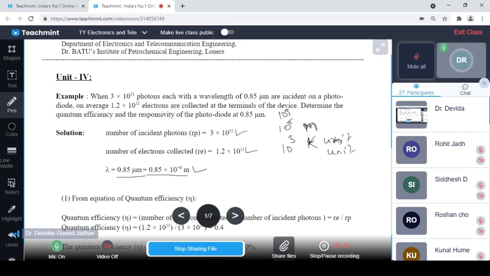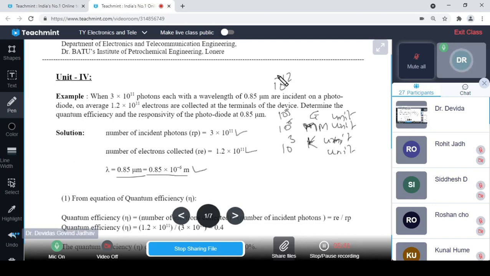M is capital. Mega unit: megabit, megahertz. 10 raised to 9 is giga: gigahertz. The unit may be hertz, meter, gram, or watt.